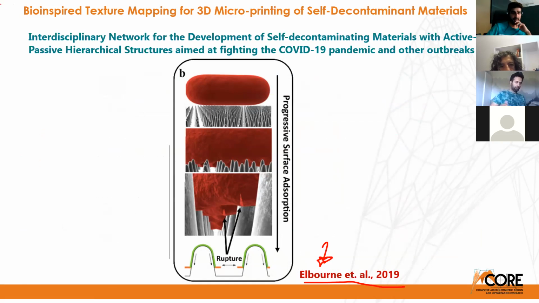There are a lot of variables that affect the adhesion. But the most important variables have to do with the topography, and also some type of chemical system that happens with bacteria.